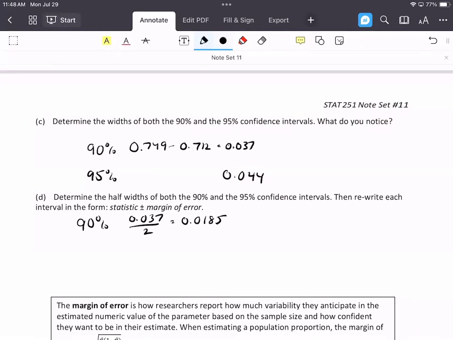Then to rewrite it for that 90% confidence interval, we're going to start with the statistic, which is p hat, and then we're going to do plus or minus that margin of error. We actually have calculated this, and I'll show you in just a moment. This right here is called the margin of error, this value here. Please do the same thing for the 95% confidence interval, and then come back and check your answer.